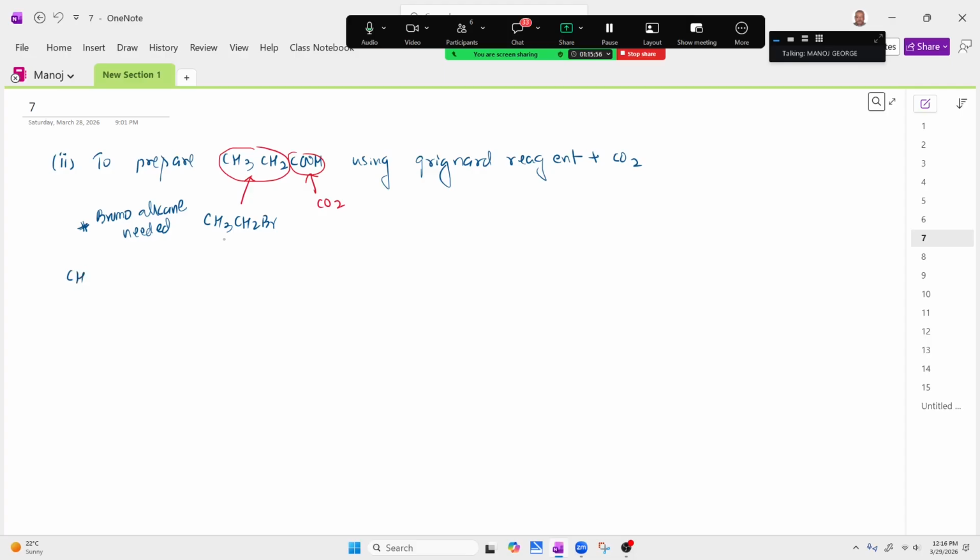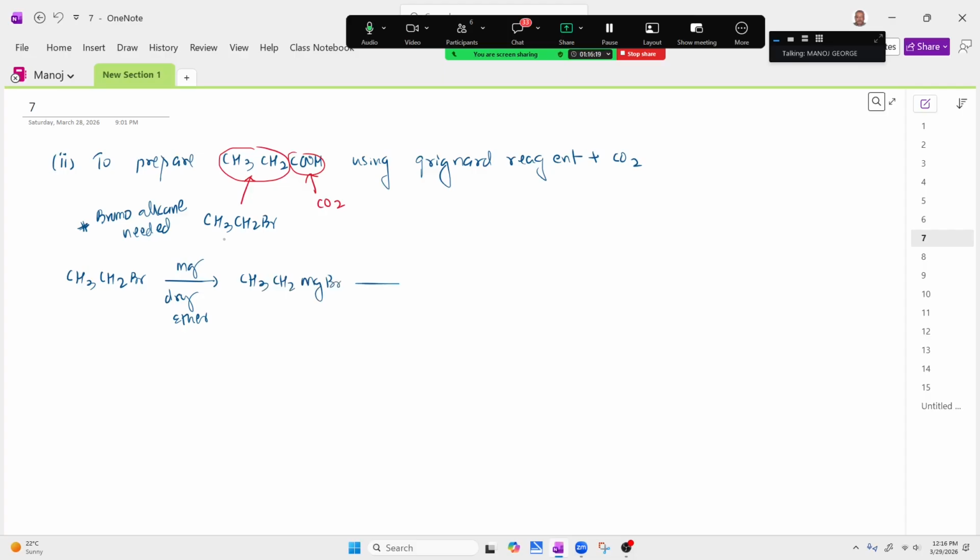So let's say I want to write the whole thing in one sequence. How do I do that? I'm just going to put that here. You can write in this form: magnesium in dry ether. So what will I get? I will get CH3CH2MgBr.